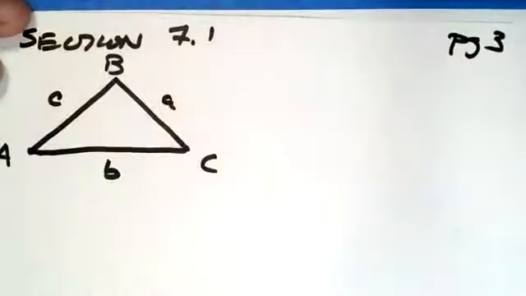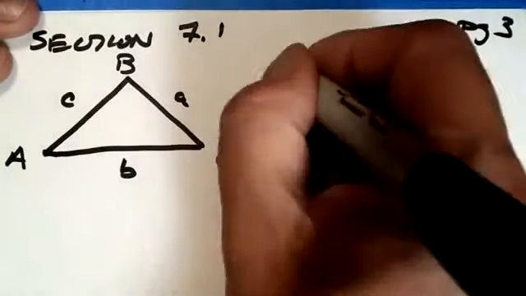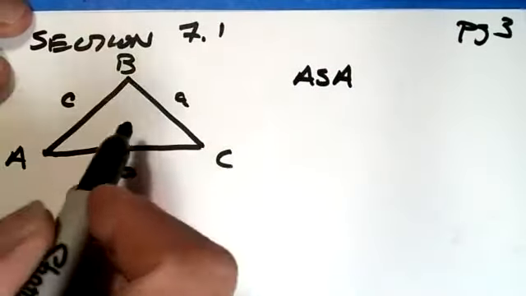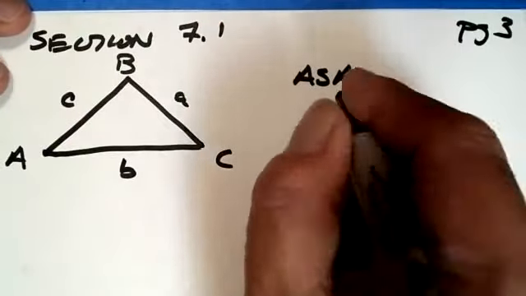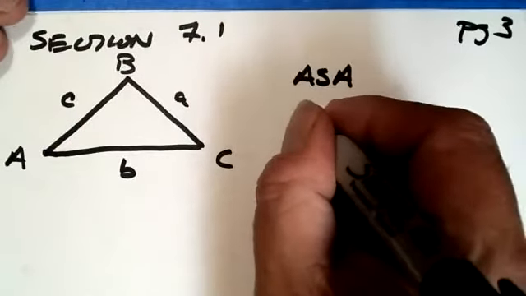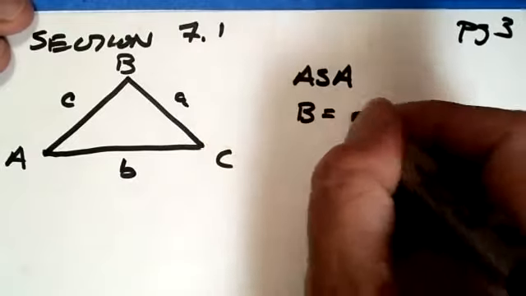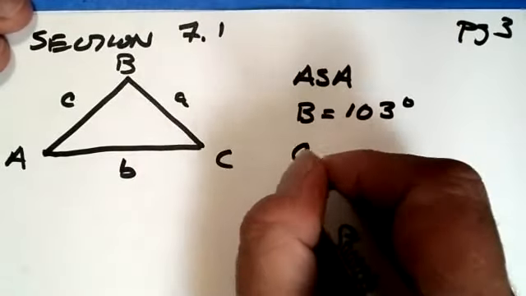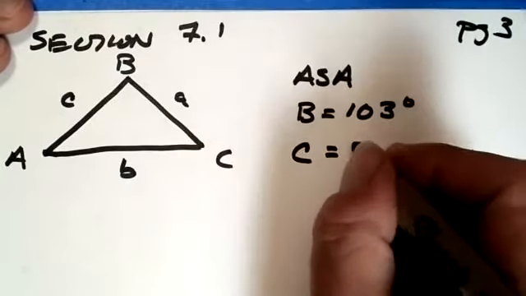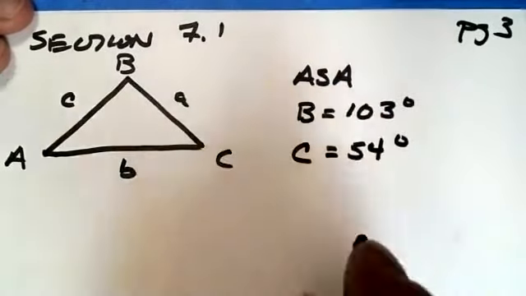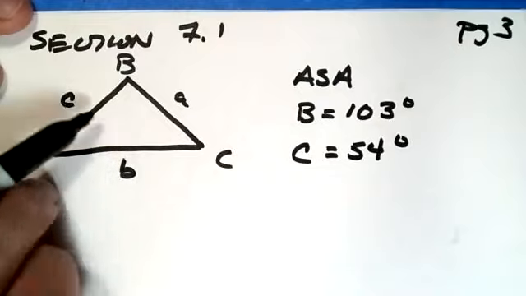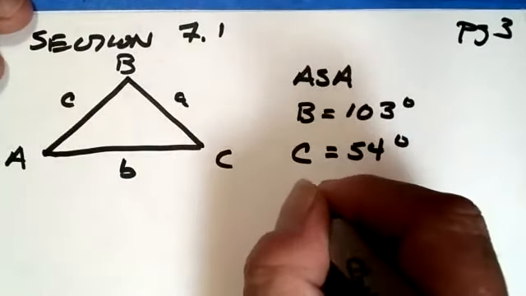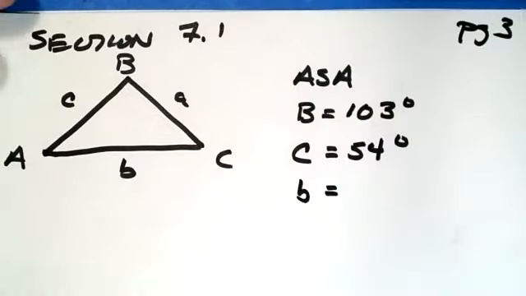So in angle-side-angle, we have two angles and an included side. So let's just mix the letters up here. How about B is equal to 103 degrees, and let's make C equal to 54 degrees. And so we need one of the sides that's not included.